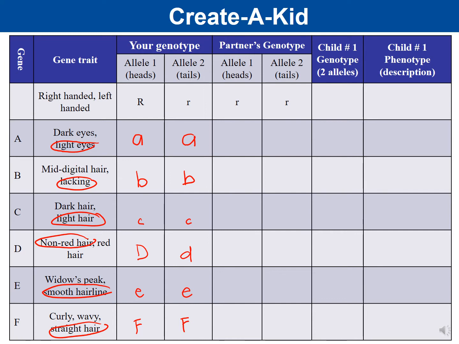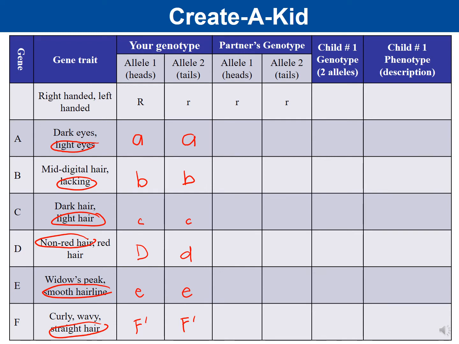So maybe the straight was prime, so I'll put F prime, F prime. Double check that one because I'm not looking at that table. But F prime, because I have the two straight alleles. So I would do that in table 7.2 for the entire table.